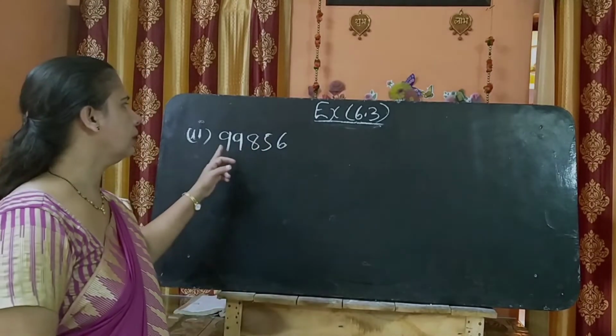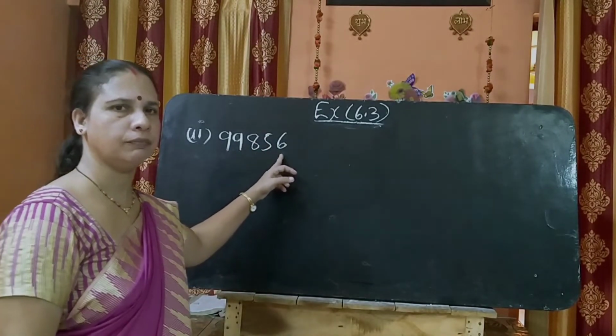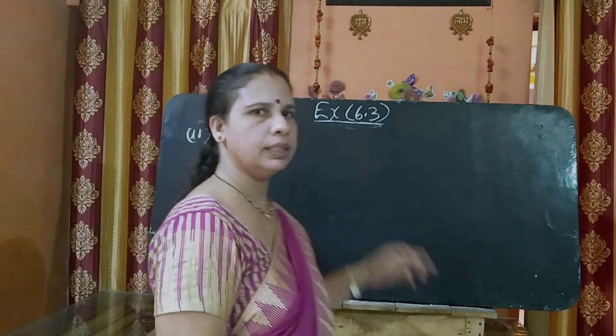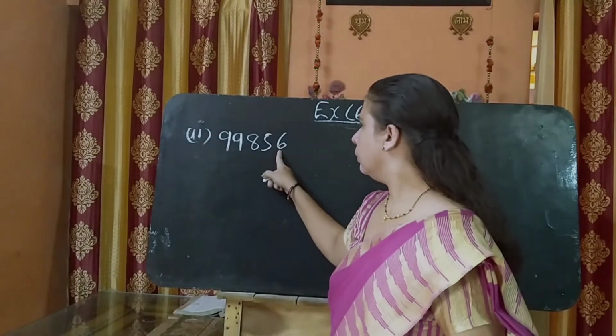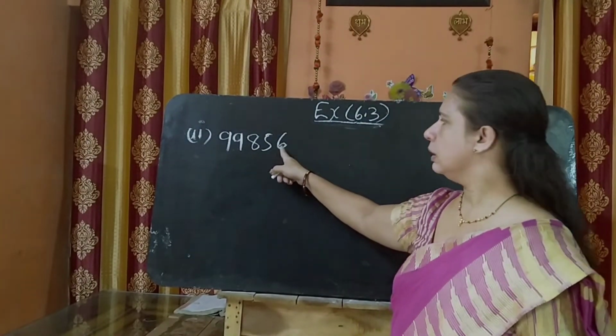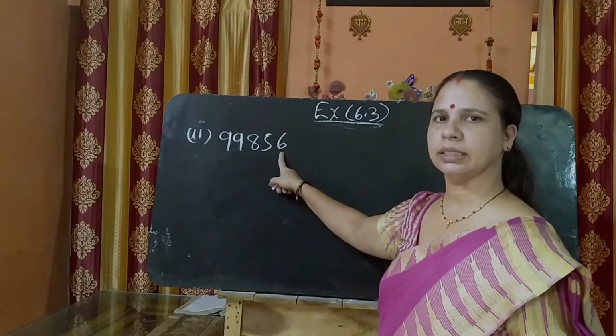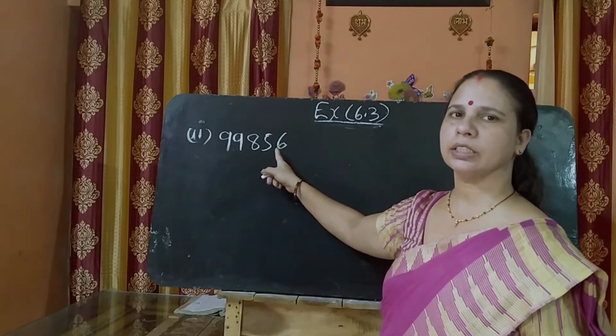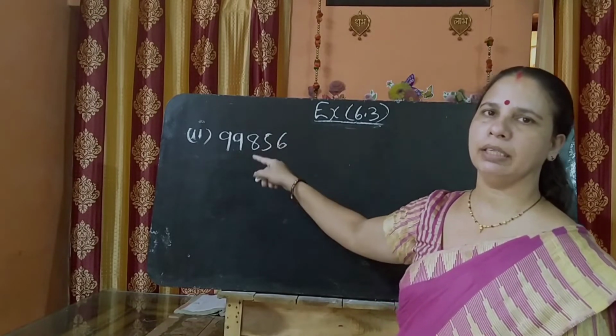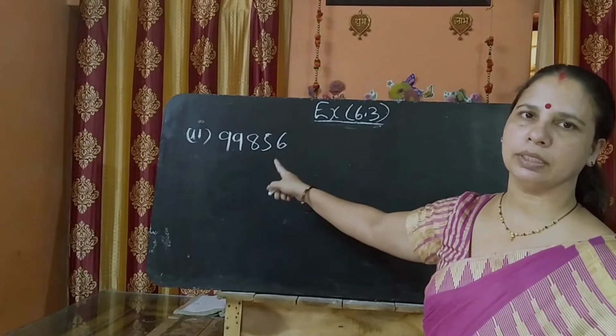The second part is 99,856. What is the unit place here? The unit place is 6. If the unit place is 6, then its square root's unit place will be 4 or 6.